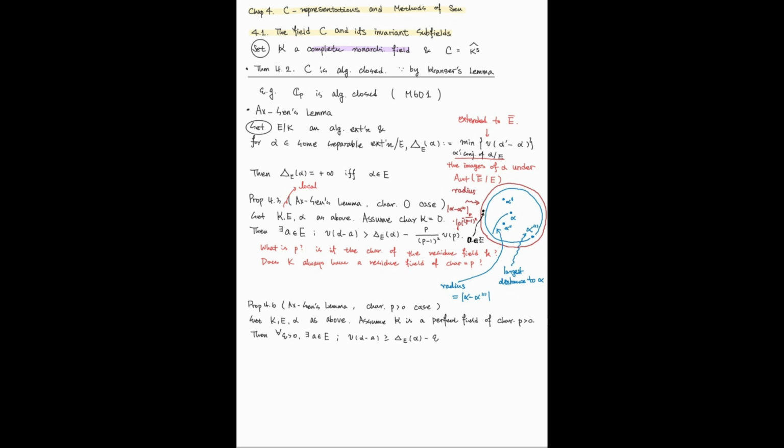Then W is the ring of Witt vectors of k, the residue field, and K_0 is the field of fractions of W, so W adjoining 1 over p. For example, if K is Q_p, then W is Z_p, and K_0 is also Q_p, and e_K is 1.